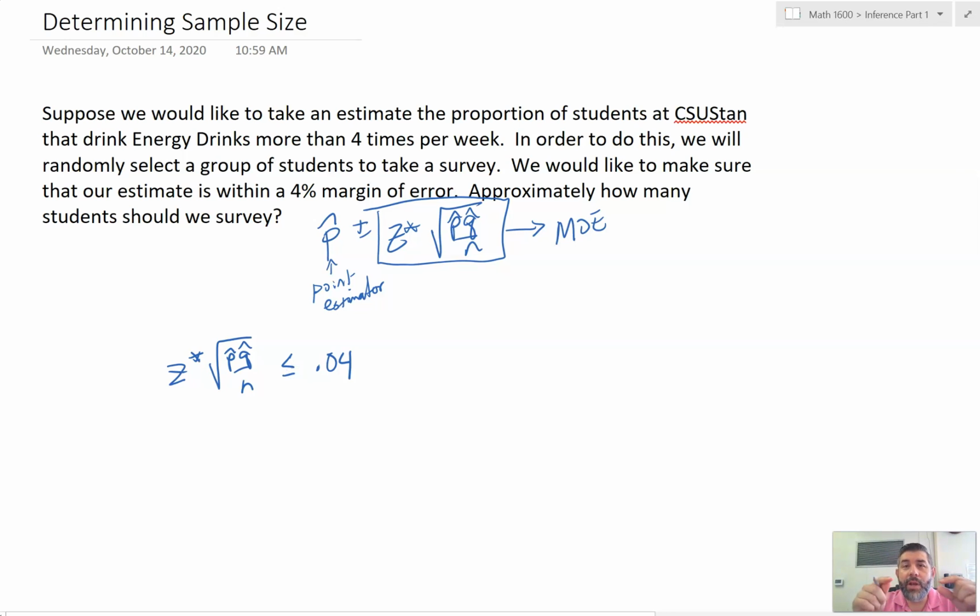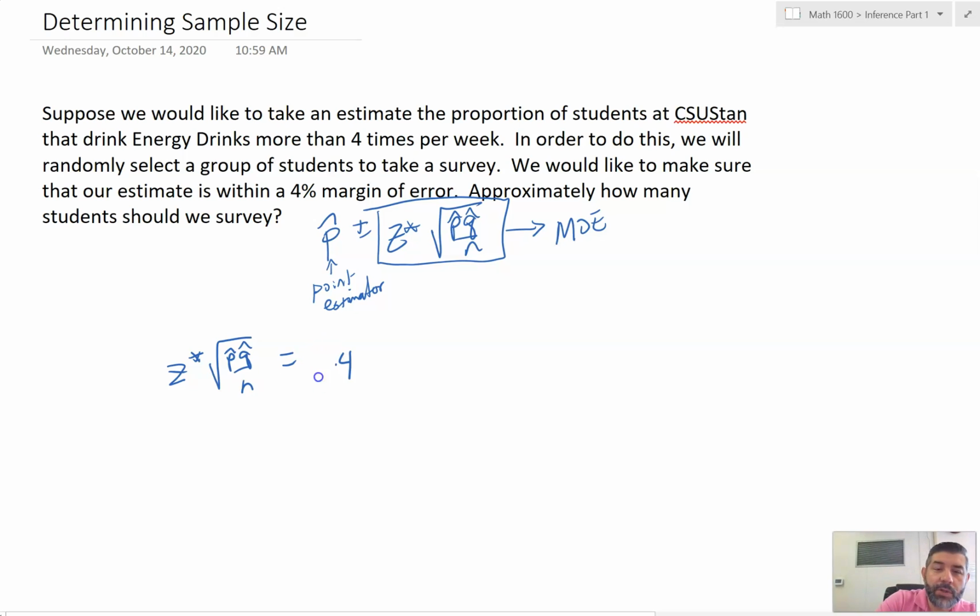But the higher your n, the smaller your margin of error is going to be. So whatever value of n I get, if I go above that, then it's going to be a smaller margin of error. So I'm just going to put an equal sign so it'll be a little bit easier for us to understand what's going on.